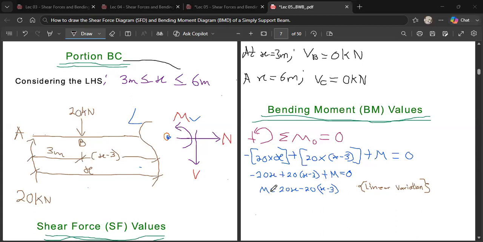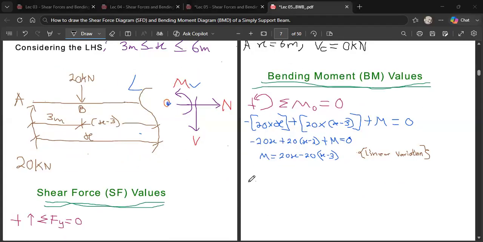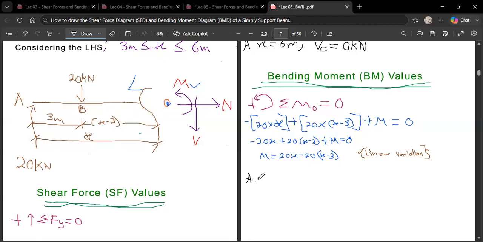So let's all write together. At x is equal to 3 meters, our moment at B, because the portion we are using is BC, so we are going to talk in terms of B and C. So the moment at B is equal to what?